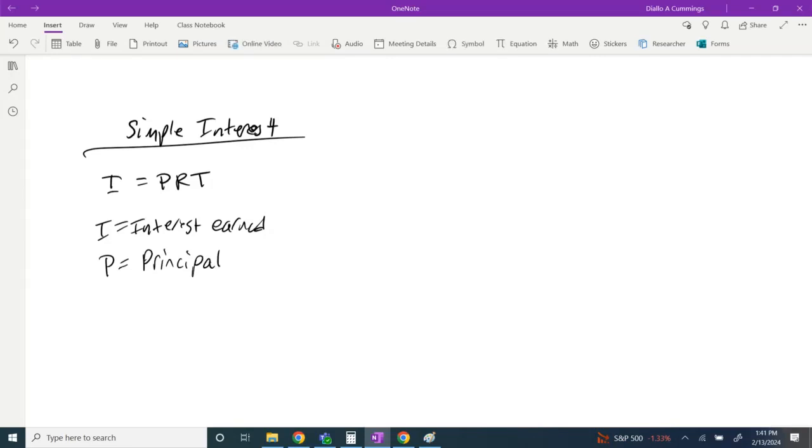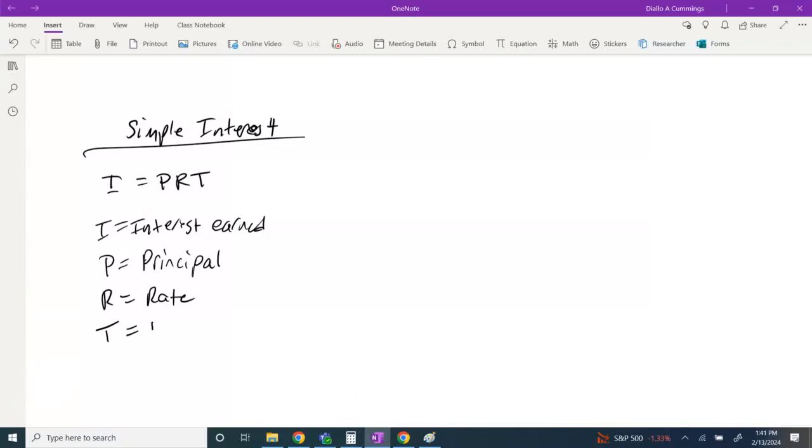Now, the principal can be the money invested or the money borrowed, right? So in some of these examples, you're going to see where a person puts so much money in the bank. In other examples, you're going to see where a person borrowed money. Okay, so principal is either borrowed or invested. R is the rate. That's the interest rate, and that interest rate is set by the bank.